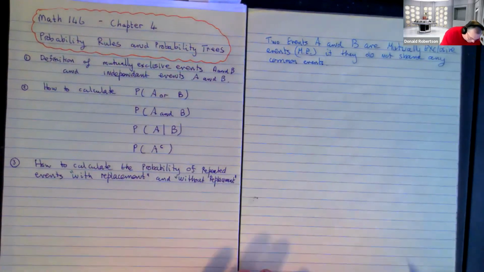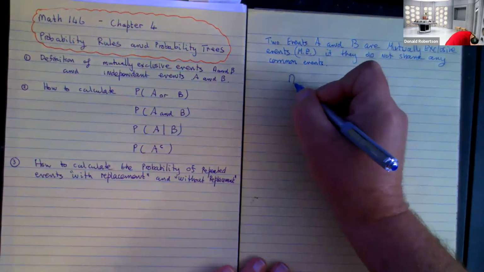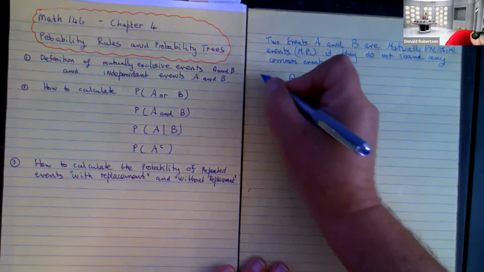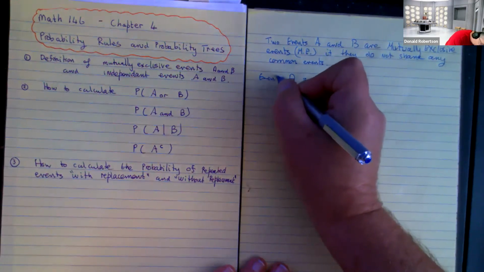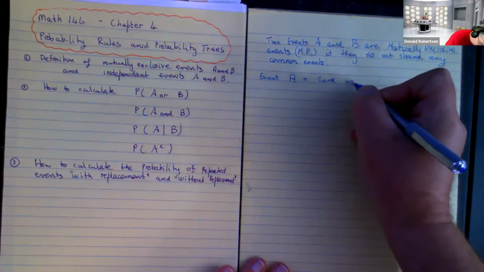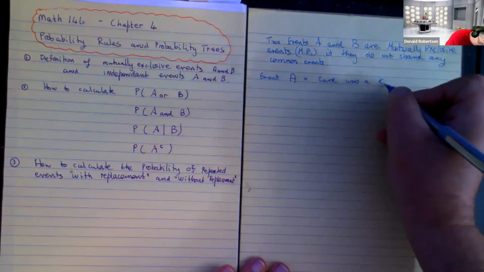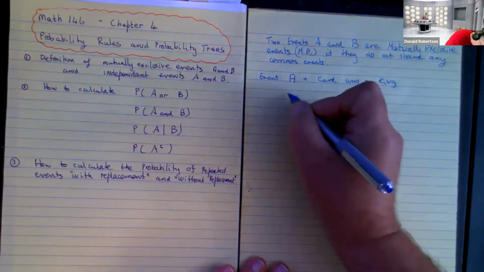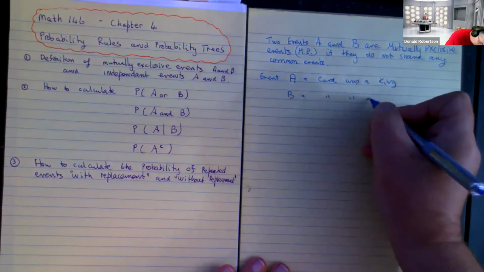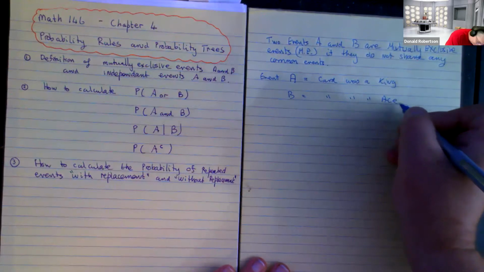Let's give you an example. Suppose A was the event that you picked a card and the card was a king. And let B be the event that the card was an ace.